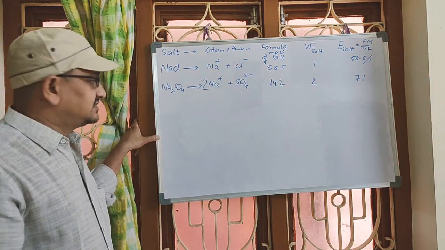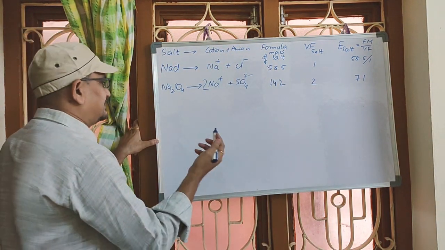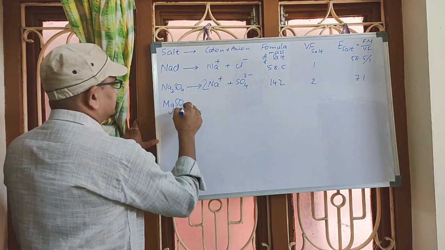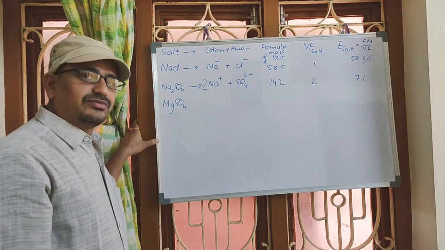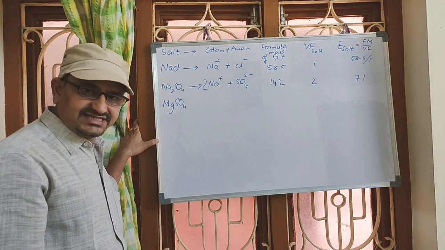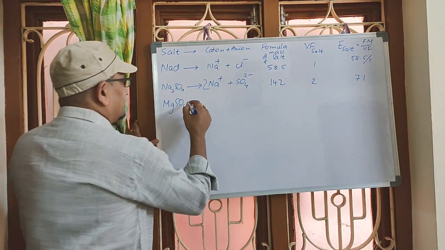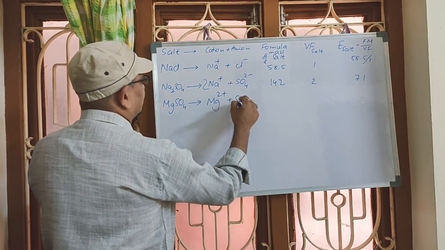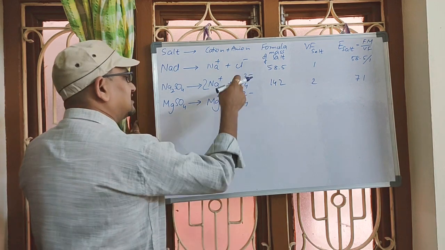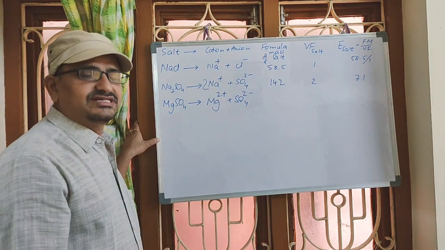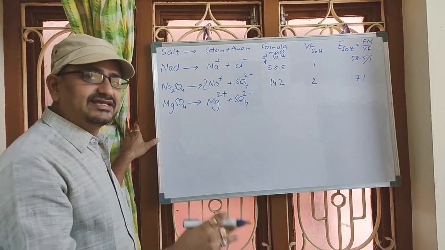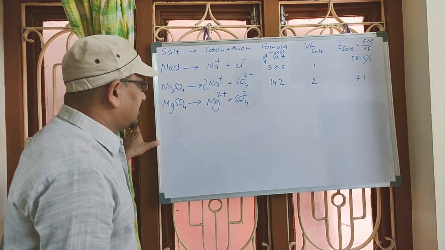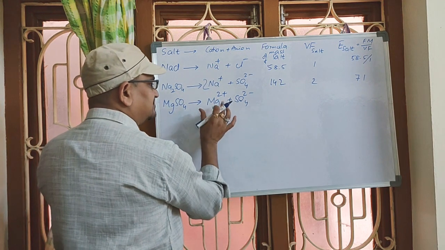79. Let us take a different salt. Suppose MgSO4, magnesium sulfate, which dissociates to give Mg2+ and SO4 2-. Sulfate anion always carries 2 units of negative charge. It's fixed. Now, this is SO4, this is the magnesium ion.